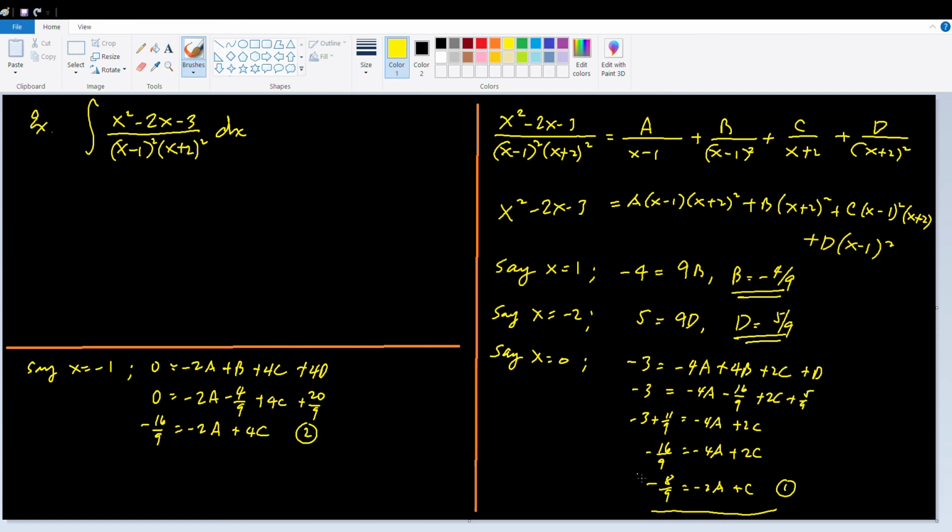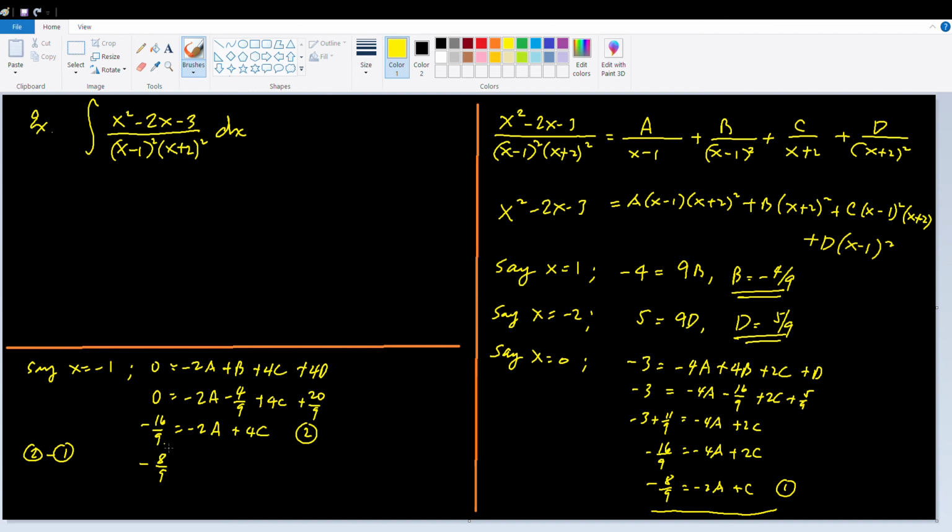So between 1 and 2, we can eliminate a by subtracting 1 from 2. Okay? So equation 2 minus equation 1. Negative 16 over 9 minus negative 8 over 9 gives us negative 8 over 9.